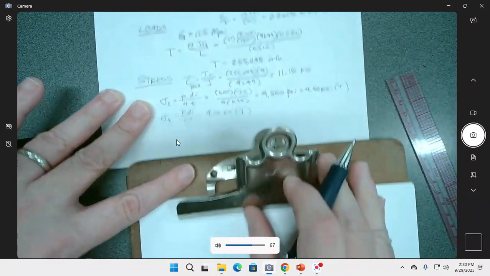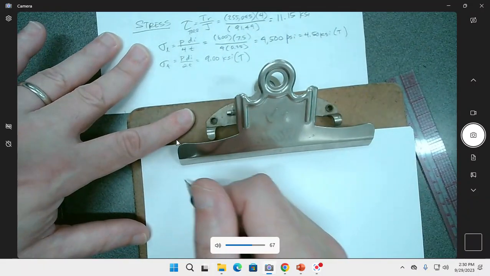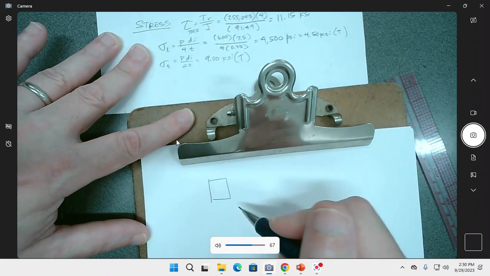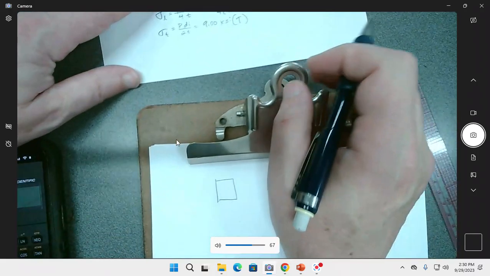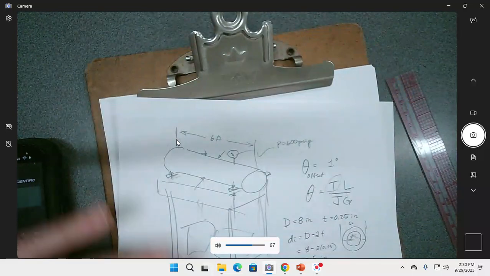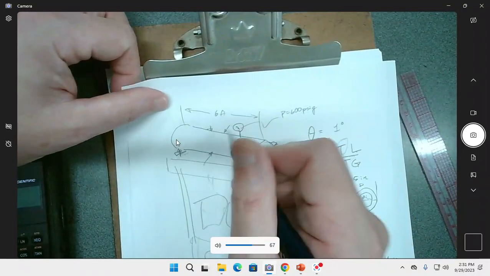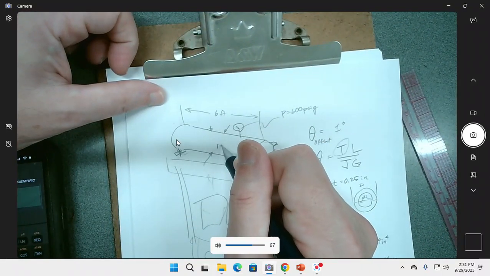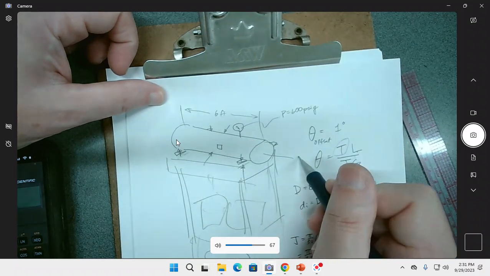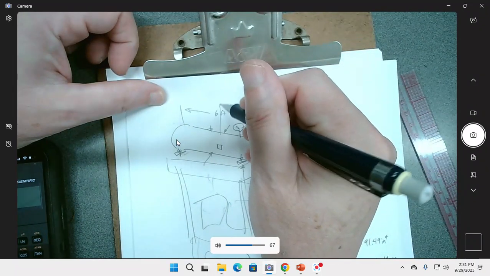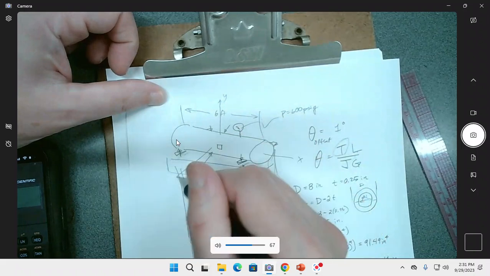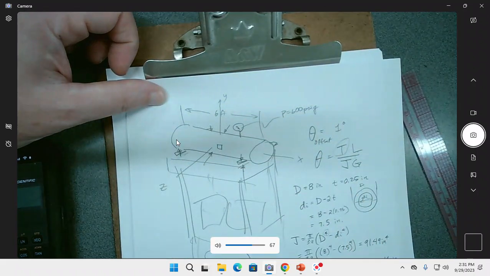Of course, that's shear. So I would probably ask you to draw me, and I might need to designate a stress element somewhere, like just for the sake of designating right there, where that's X, and maybe that's Y, and that's Z, or something like that right there.